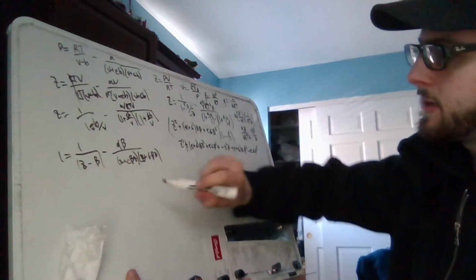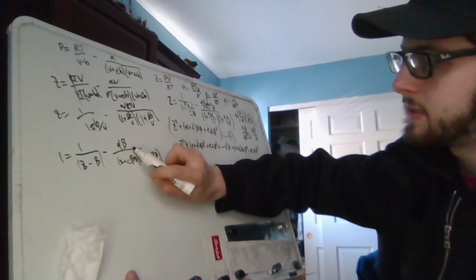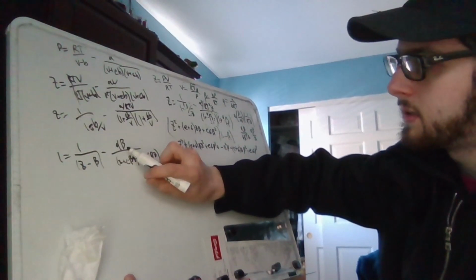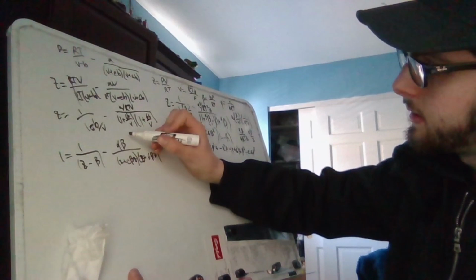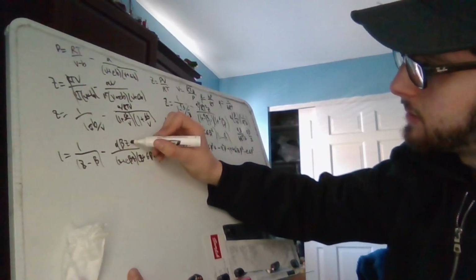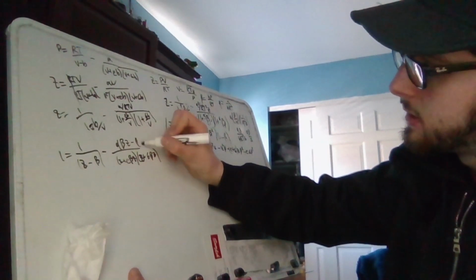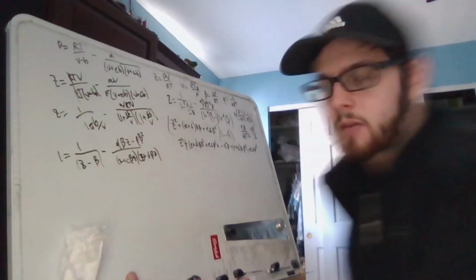What'll be on the top is just this polynomial minus z times beta minus q beta z minus q beta squared.